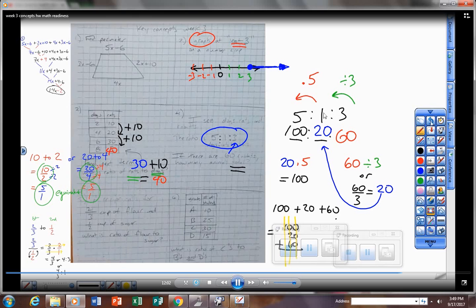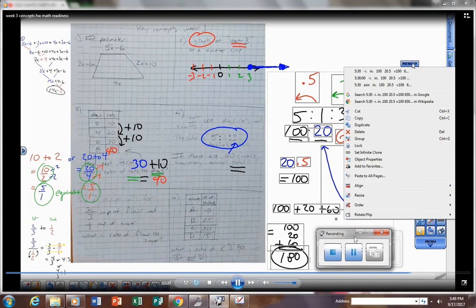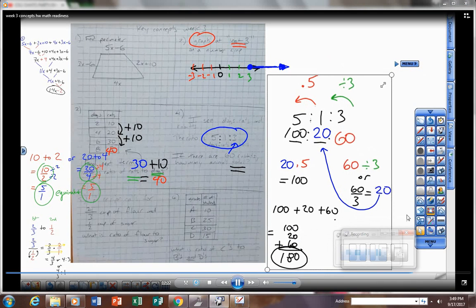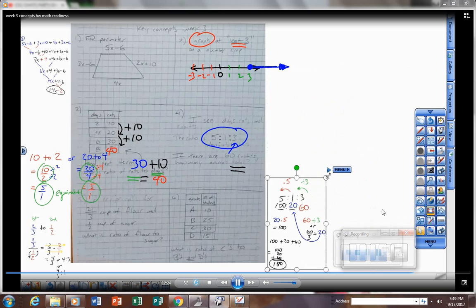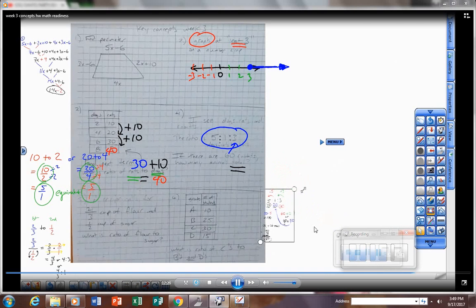If I'm going back out 1 to 5, I'm multiplying to get out to 5. So if I get that middle number 20, 20 times 5 gives me 100. And then of course what I'm showing you here is the fact that you need to total that. So add all of those numbers up. That's what the question's asking.